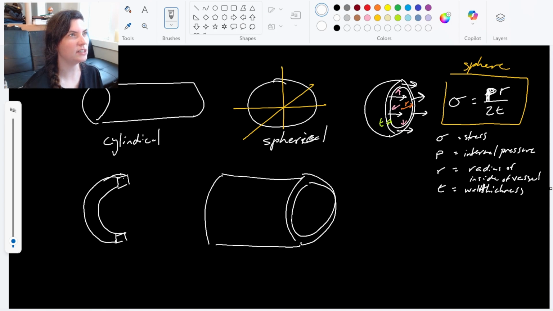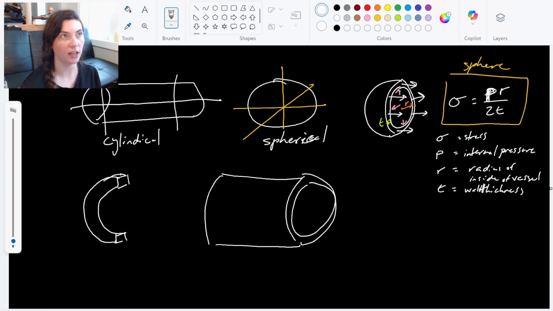So I can see the insides, imagining if I cut through this way versus this way. A little bit different view of my cylinder, which gives us two different pressure equations, two different stress equations that we can apply.